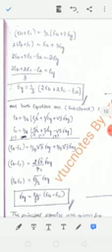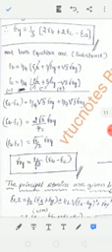Similarly, if you subtract equation number 2 and 3, you will get gamma xy equal to 2 by root 3 of epsilon B minus epsilon C.